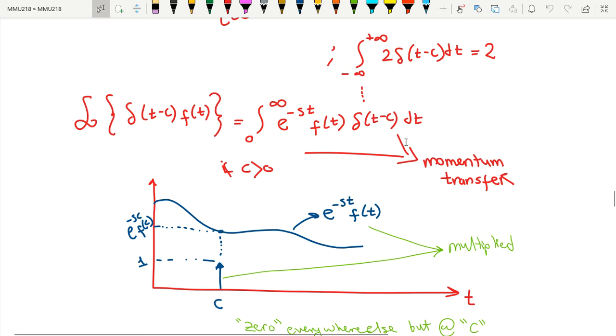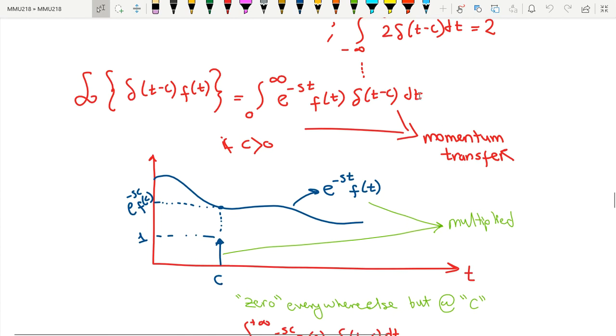So within the Laplace, our function starts from 0, goes to infinity, and I have a multiplication of this Dirac delta with that function right at point c. From 0 to c, it's 0, so the multiplication will yield 0. After c, up to infinity, it's again 0, so the multiplication of this function with 0 is going to be 0.